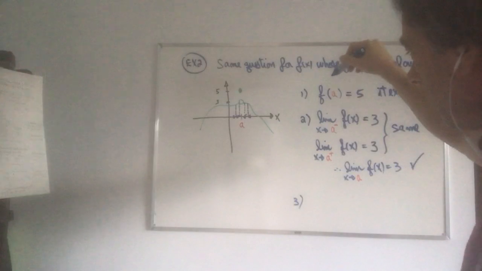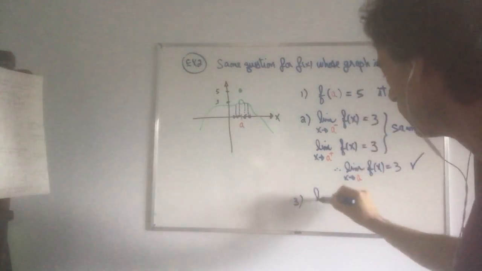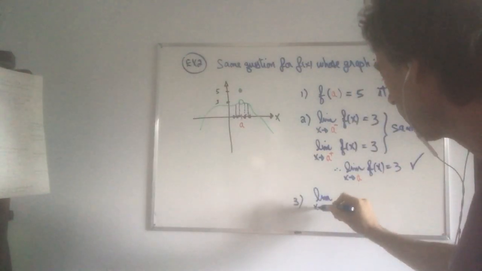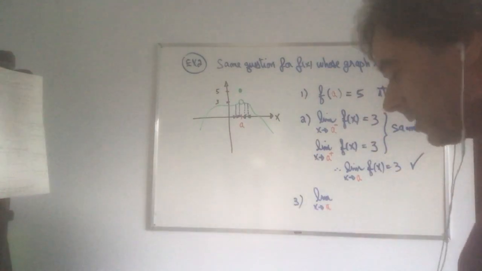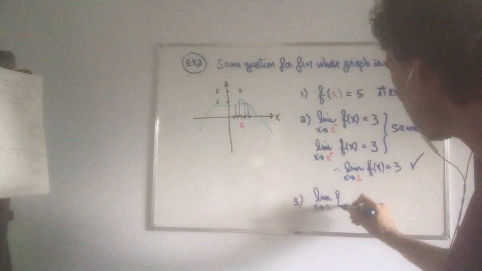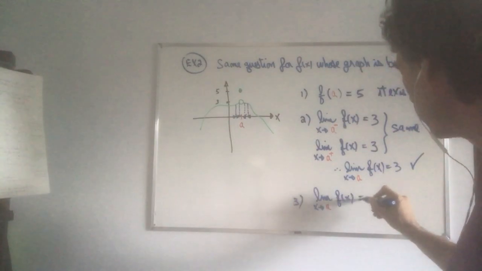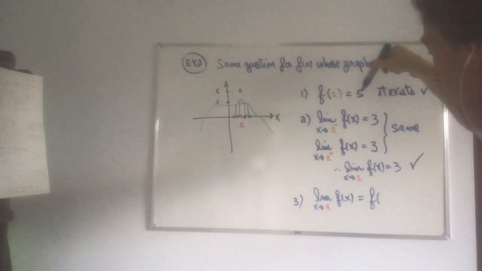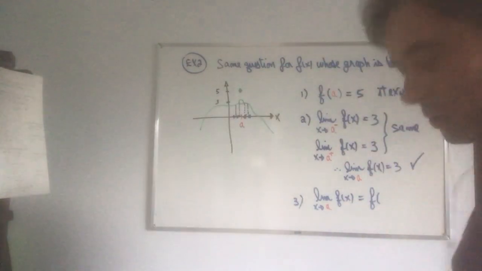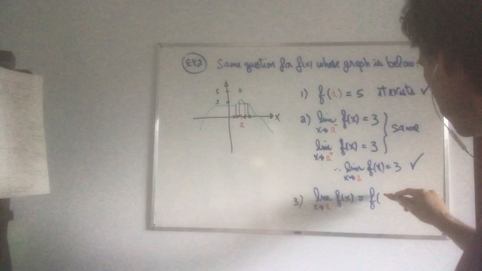It's the outcome of condition 1 equal to condition 2. The limit as x approaches a of f of x has to be the same as f of a. You've noticed, huh? The outcome of condition 1, which is f of a, equals the outcome of condition 2, which is the limit.